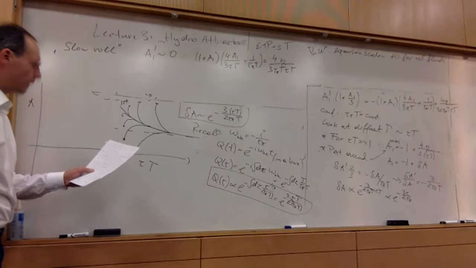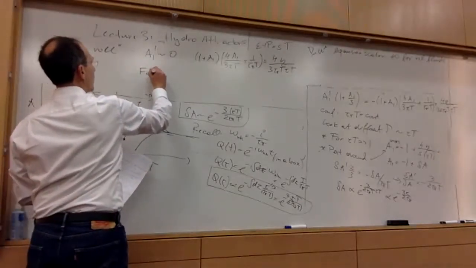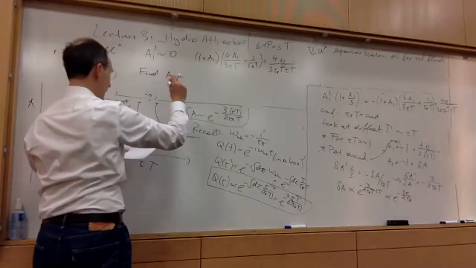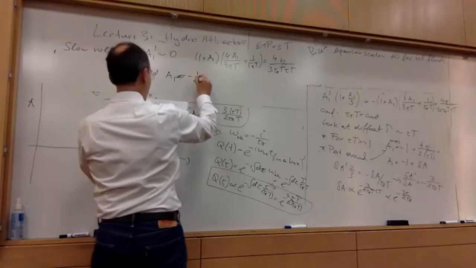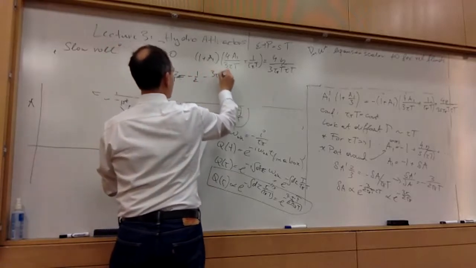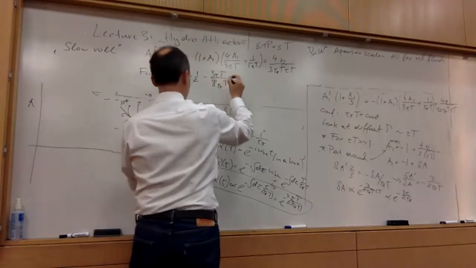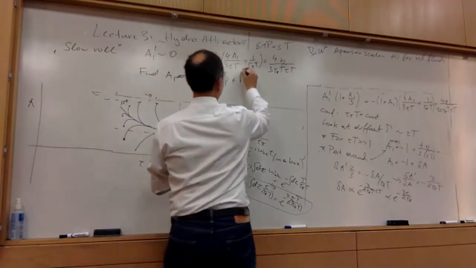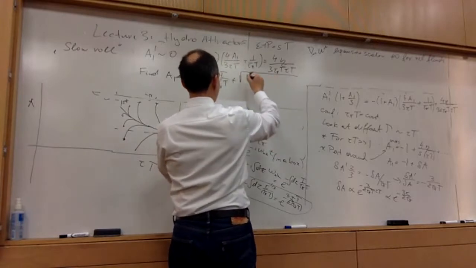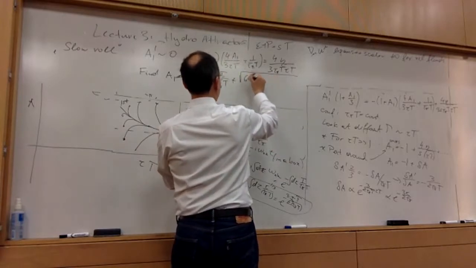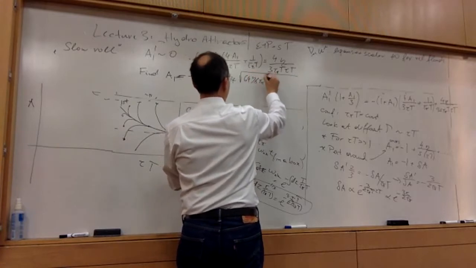You can solve it, and I claim that if you solve this quadratic equation, you find that A1 is equal to minus 1/2 minus 3 tau t over 8 tau pi t plus the square root of, sorry, there are two solutions, but only one of them corresponds to our attractor, 64 e over s for tau pi t.